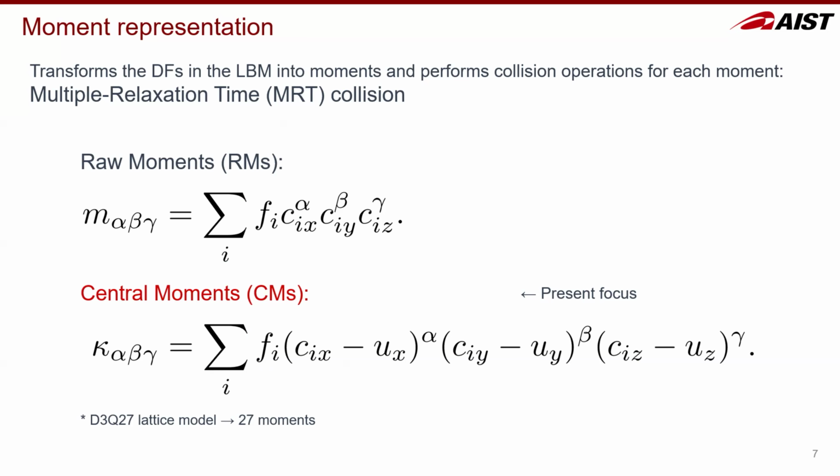The moment is defined like this. The central moment is also one of the moments defined in this kind of approach, and the definition is as shown here. The macroscopic velocity appears in the definition of the moment, and this is the present focus of my talk. In this talk, we use the D3Q27 lattice model, so 27 moments result.